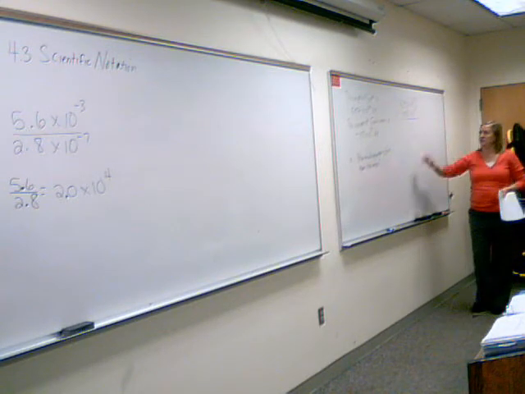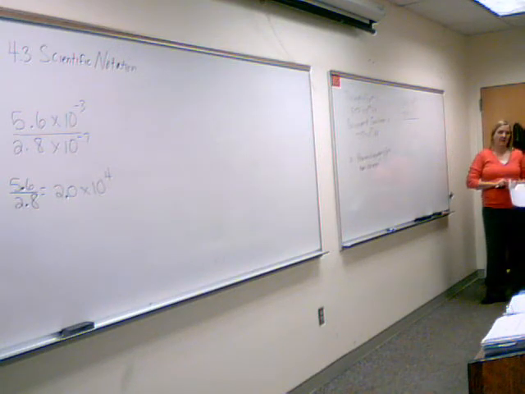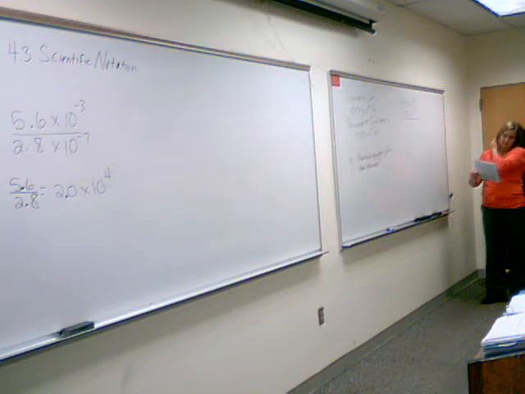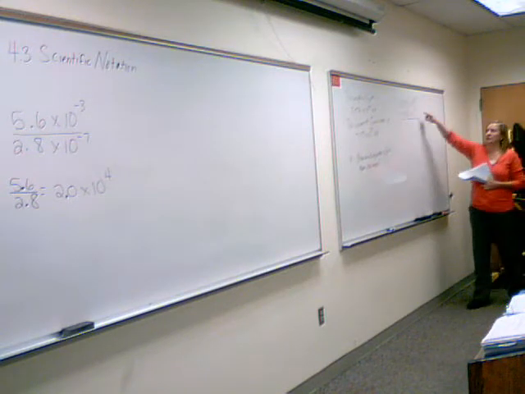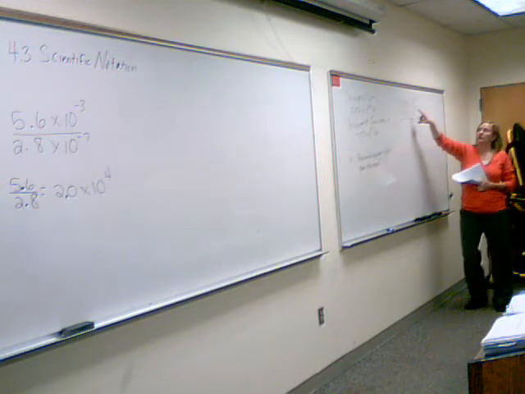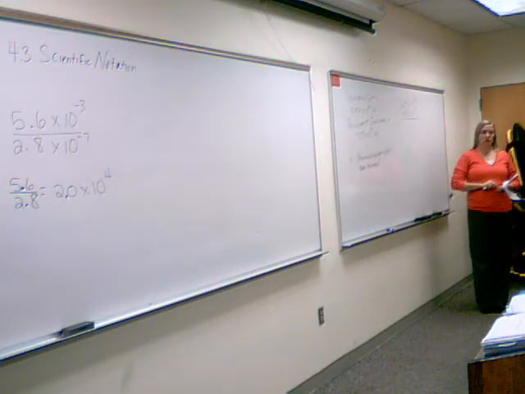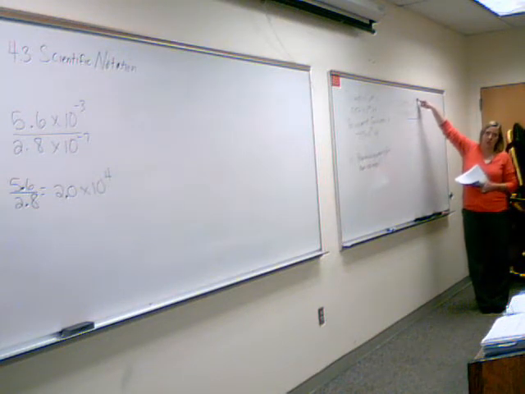So I have to change one of these to look like the other, to have the same exponent before I subtract them. Would you just move the decimal? That's what we're going to do. I can either move this decimal to make this a 24, or move this decimal to make this a 22. If I want to make this one a 22, which way am I moving?